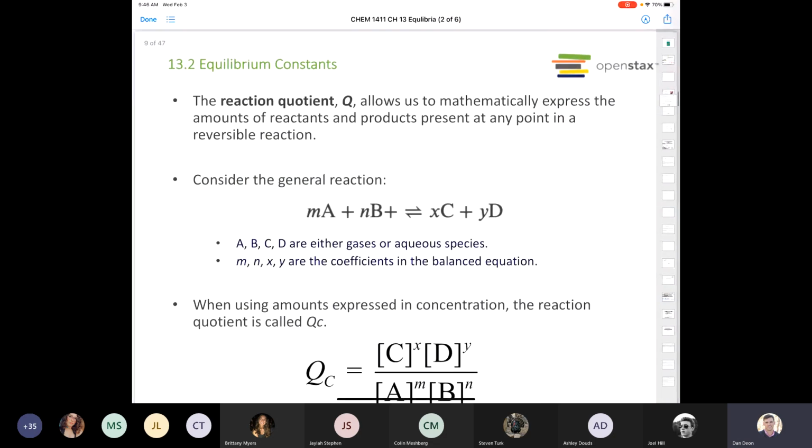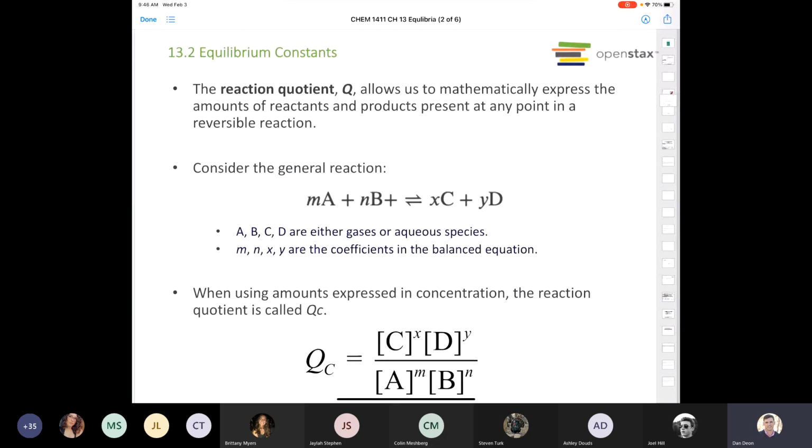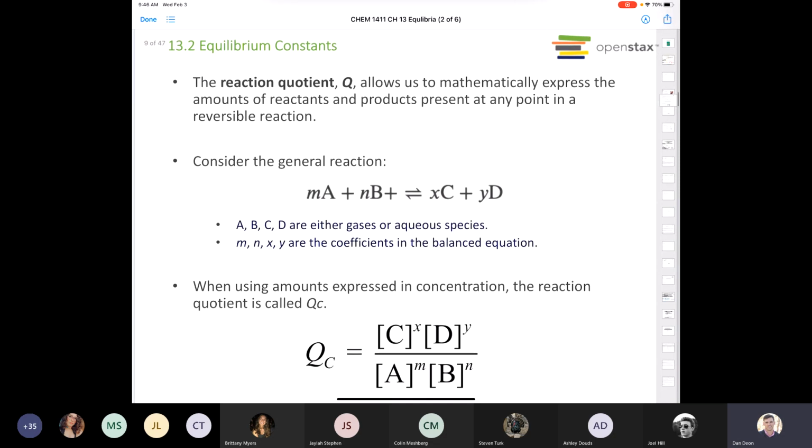All right. Well, let's move on to section 13.2 and talk about equilibrium constants. Equilibrium constants are going to come up almost Avogadro's number of times in this chapter. First let's discuss what's called a reaction quotient. A reaction quotient is a new variable, and we're going to use the capital letter Q to represent it.